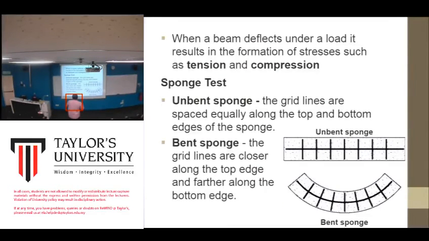Okay. When the beam deflects under a load, it results in the formation of stresses such as tension and compression. As I mentioned, there will be two forces involved when the beam bends. We have tension and compression. Okay, to see the compression and tension, we use a sponge as a medium to test.